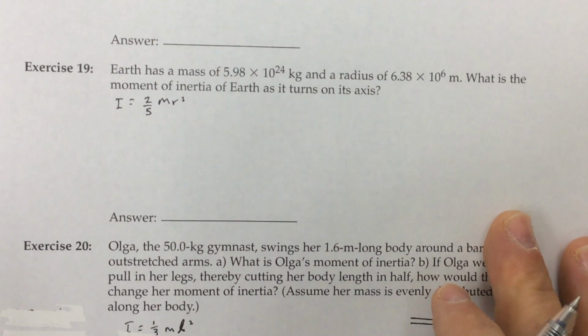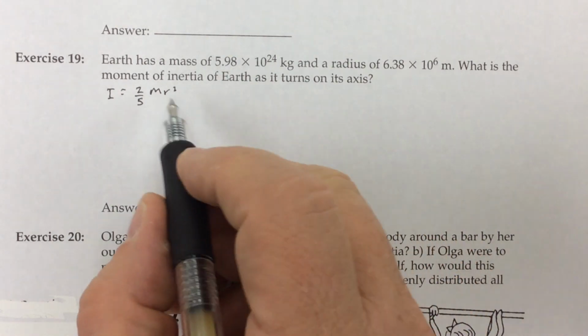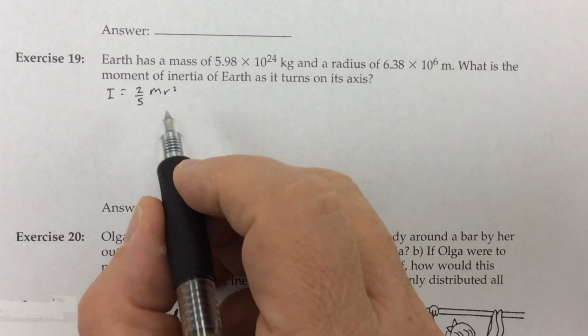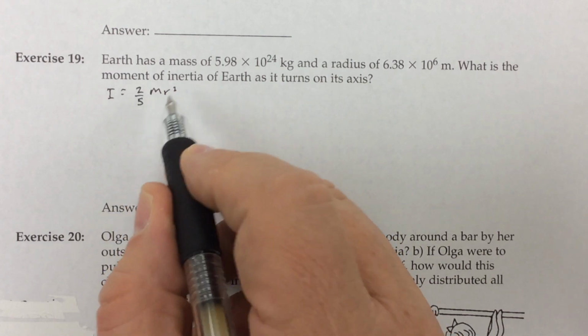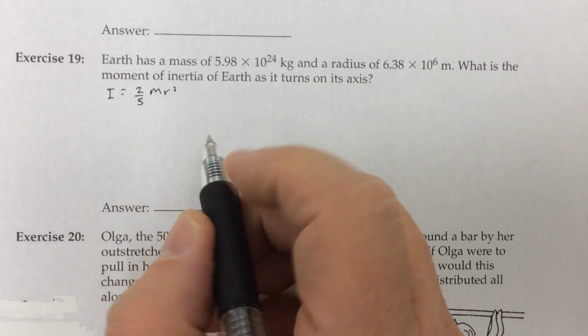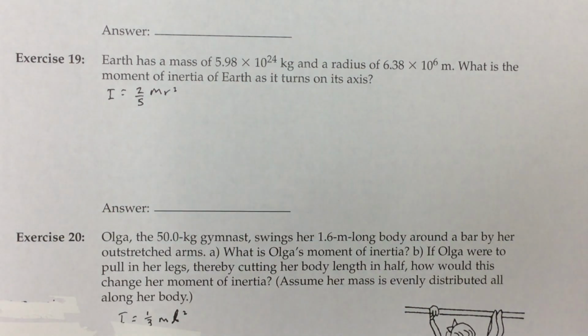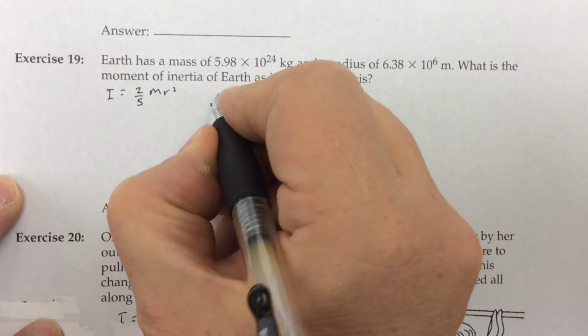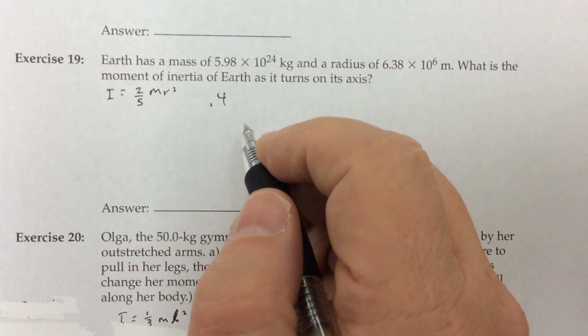Okay. Number 2. This is a different configuration. This is a sphere, and the formula for a sphere turning around is going to be 2/5 of its mass times the square of its radius. So we'll find what 2/5 is. 2/5 is 0.4, and then I've got the mass.